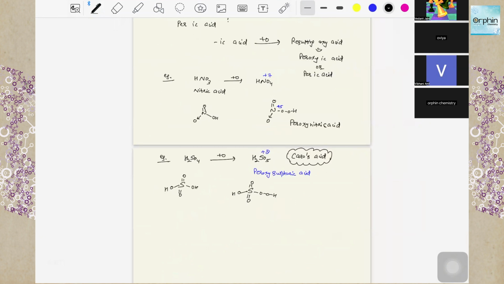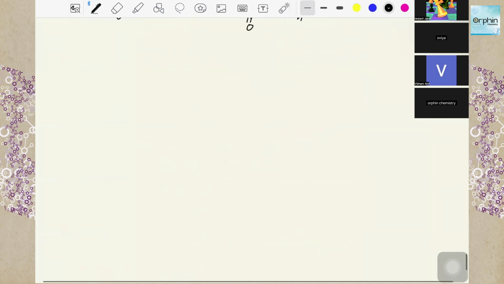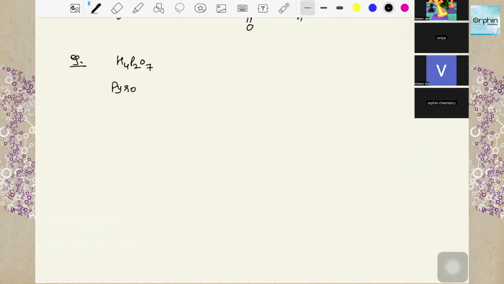The other 2 examples, where the structure is also important, are these. H4P2O7. What is this? Pyrophosphoric acid it is. You add 1 oxygen here, and it will become H4P2O8.